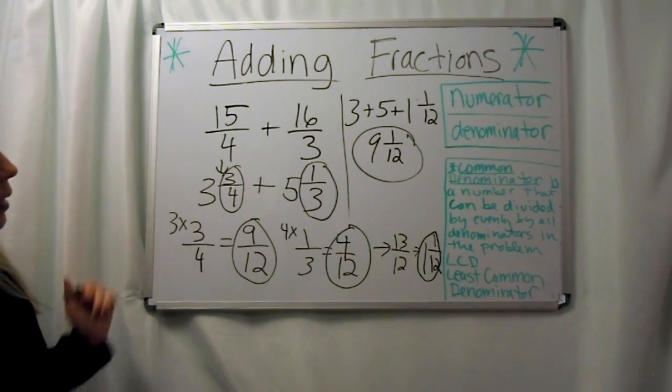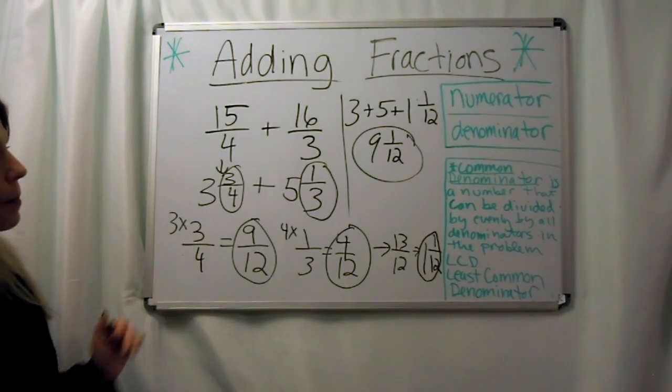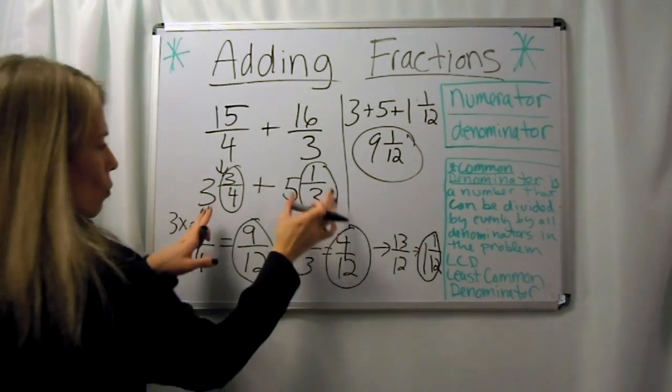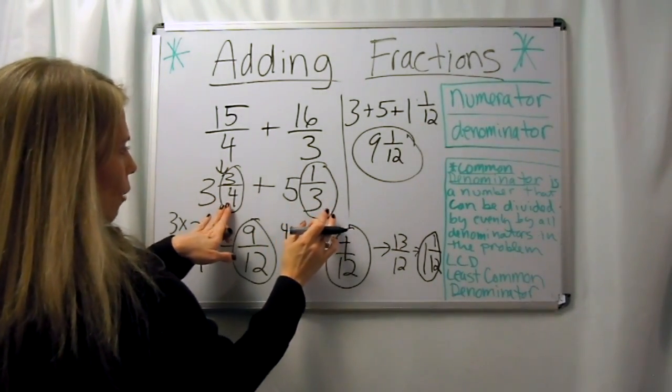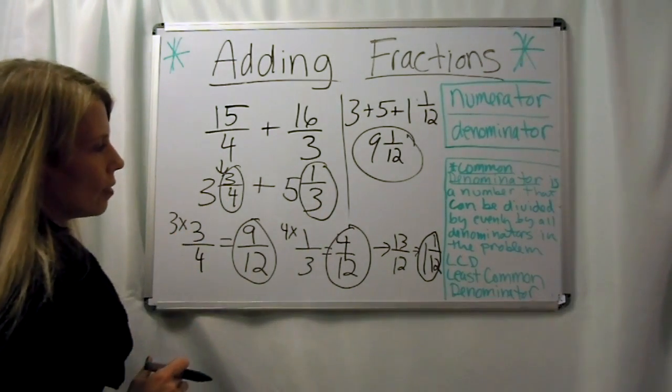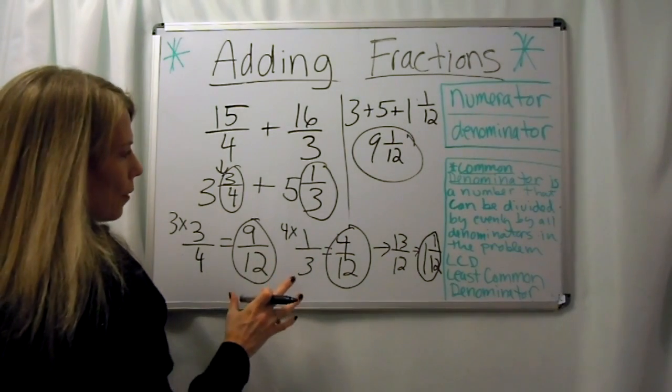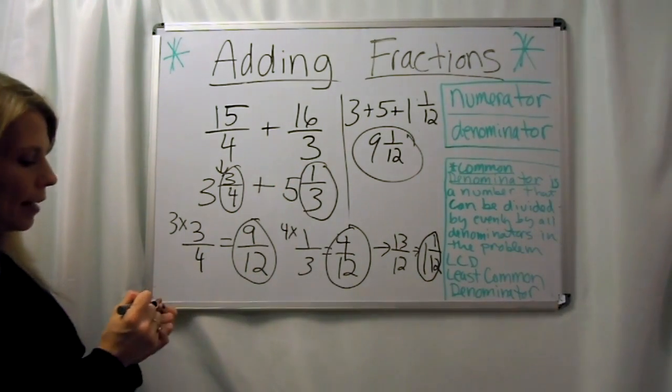So when you're adding mixed numbers, you deal with the whole numbers separately, and you look at the fractions to find the least common denominator, add those together, and then go back and add everything up.